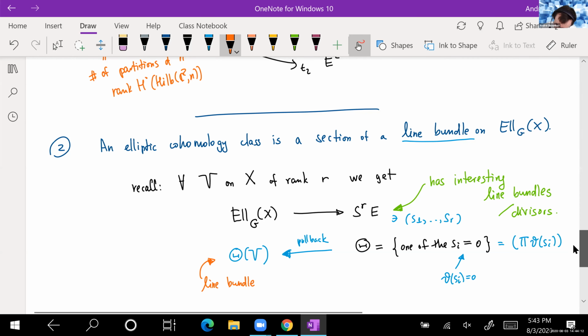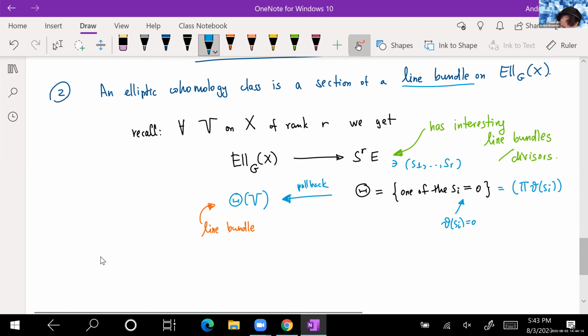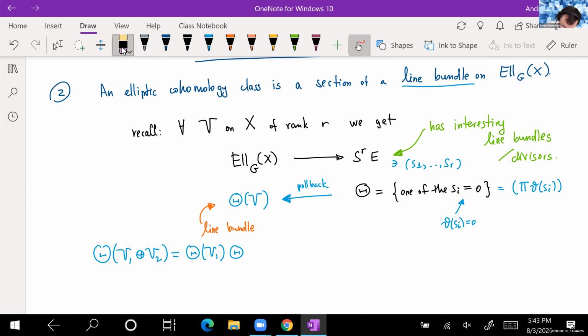And it's clear that theta of V1 plus V2 is just a product.